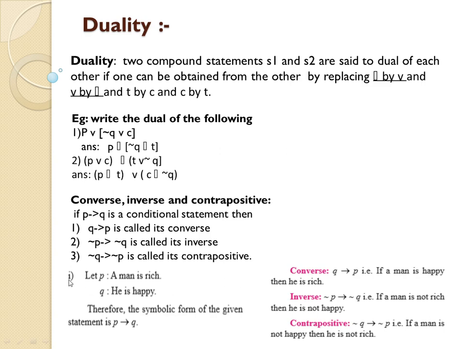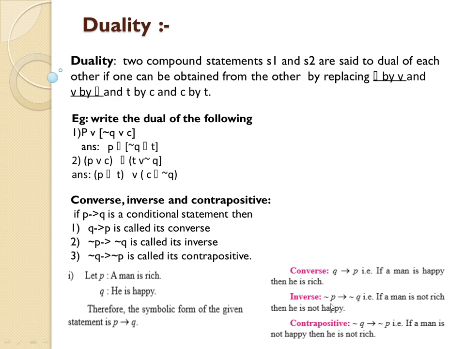For example, if a man is rich, then he is happy. Write the two simple statements P and Q: a man is rich, he is happy. Therefore, its symbolic form is P implies Q. The converse is Q implies P, and in verbal form: if a man is happy, then he is rich.